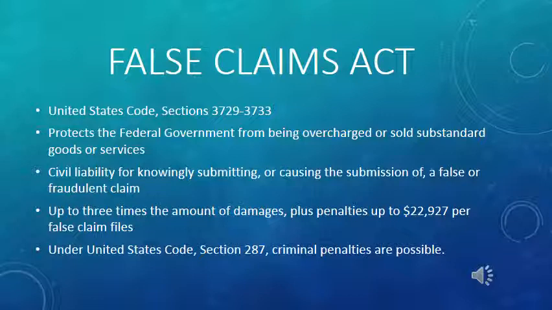The Civil False Claims Act imposes civil liability on any person who knowingly submits or causes the submission of a false or fraudulent claim to the federal government. The terms knowing and knowingly mean a person has actual knowledge of the information or acts in deliberate ignorance or reckless disregard of the truth or falsity of the information related to the claim.